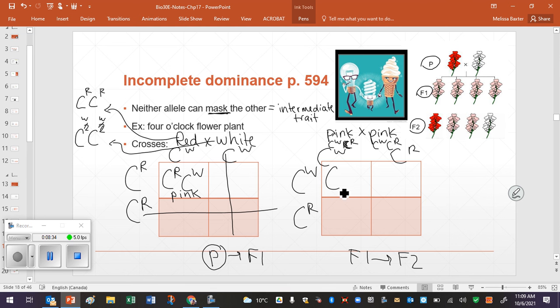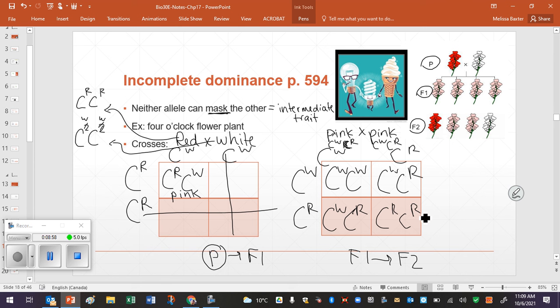So when I fill in my Punnett square, I will get a box where I have homozygous for the white allele. I'll get two boxes, this one, where I'm heterozygous, I have one white, one red. And I'll get a box where I'm homozygous for the red allele.